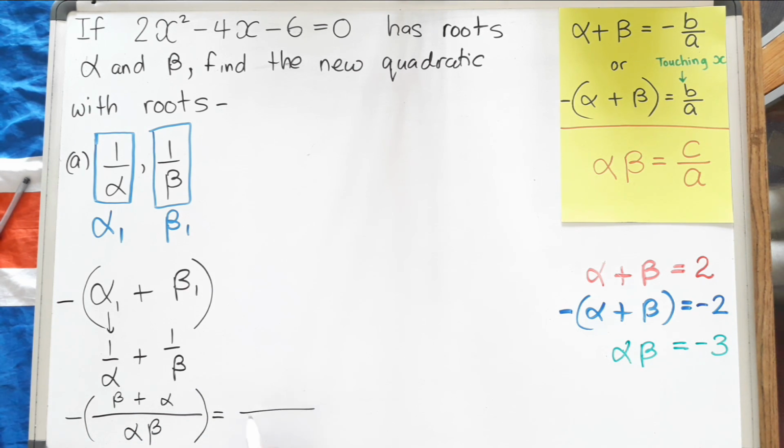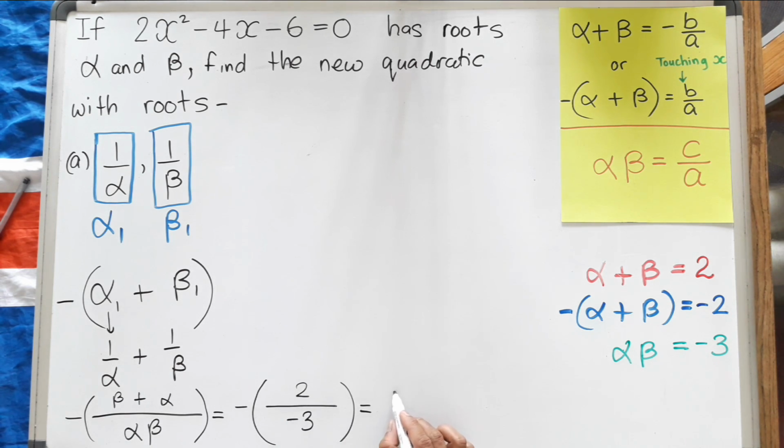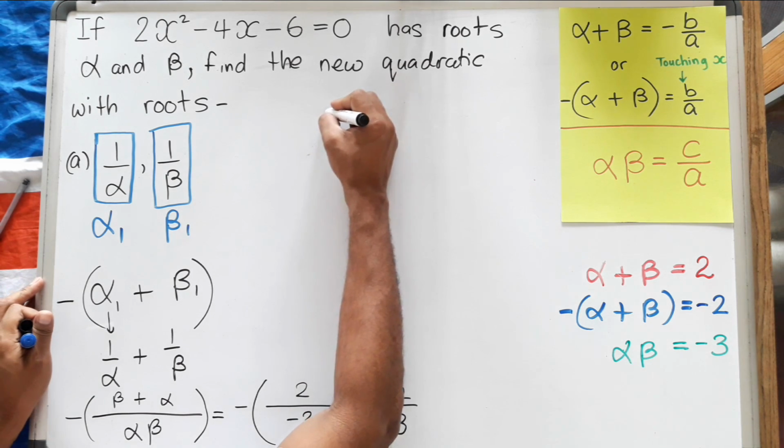So let's see what we get here. Just excuse me here, trying my best to clean it up. Alpha plus beta. Remember, alpha plus beta is 2. And alpha beta, we are allowed to replace it with minus 3. So a negative and a negative will give me a positive. So this is 2/3. So far, this is what we know.